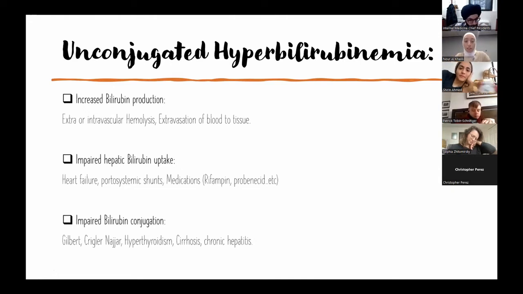It might be due to impaired uptake into the hepatocytes, which might be due to heart failure, shunts that drag the blood outside the liver, or medication such as rifampin. Or it might be impaired conjugation, as in Gilbert, Crigler-Najjar, hypothyroidism, cirrhosis, and chronic hepatitis. As I mentioned, when there is dysfunction of the hepatocyte, such as chronic hepatitis and cirrhosis, there would be impairment first in the excretion, then conjugation, then the uptake.